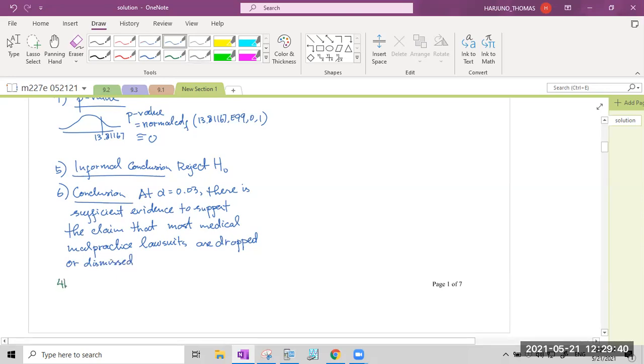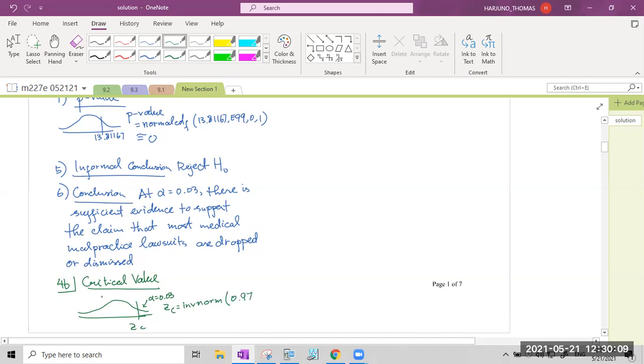Extra credit 4B, critical value. That's a right tail with alpha 3%. So what is the critical value? Z critical is inverse norm. The area to the left is 0.97, right?